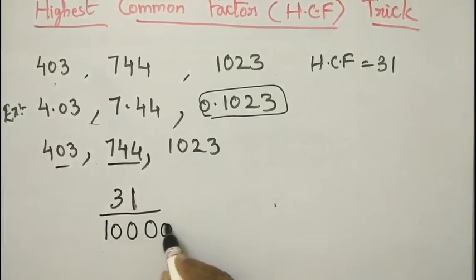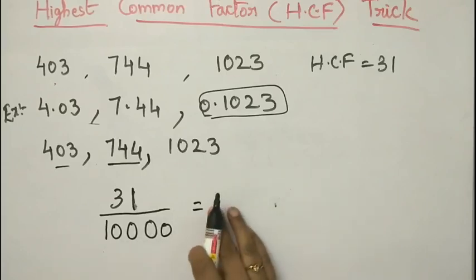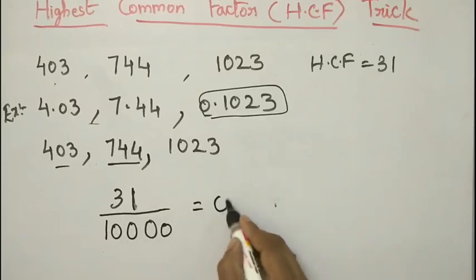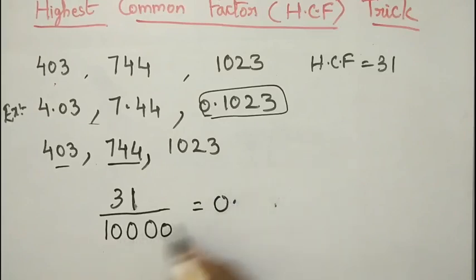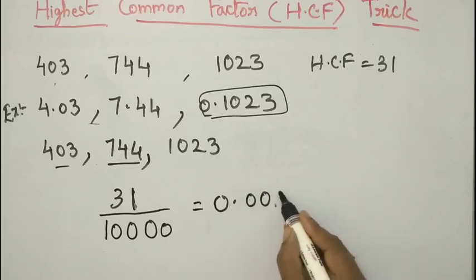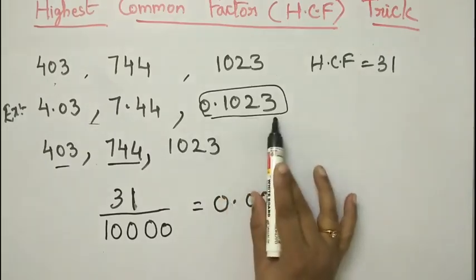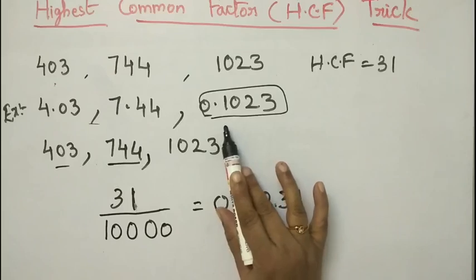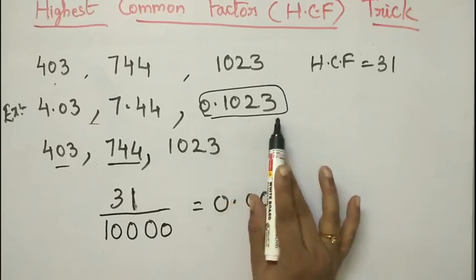Okay. This is equal to 0 point, this becomes 0.0031. Understood?